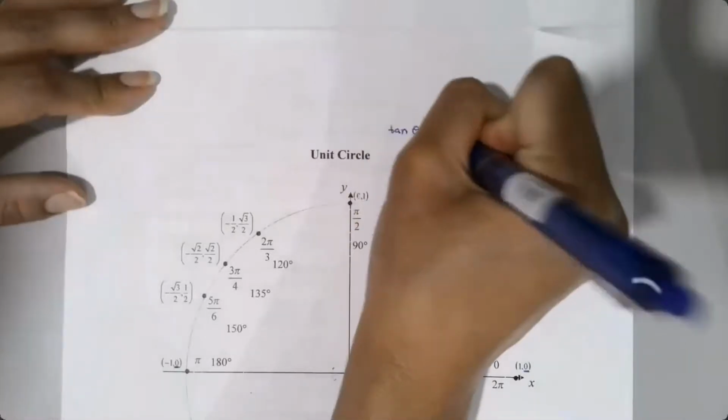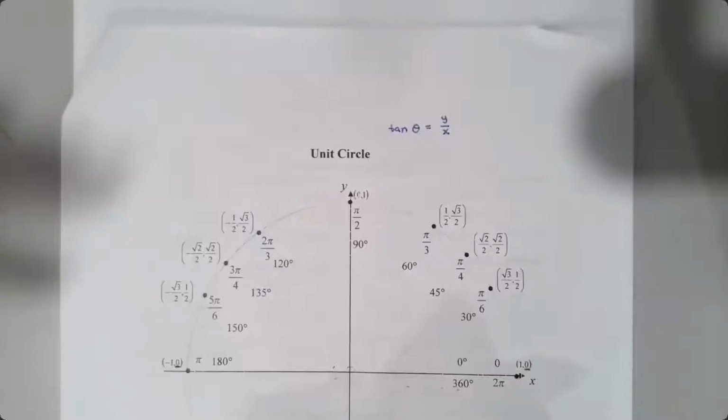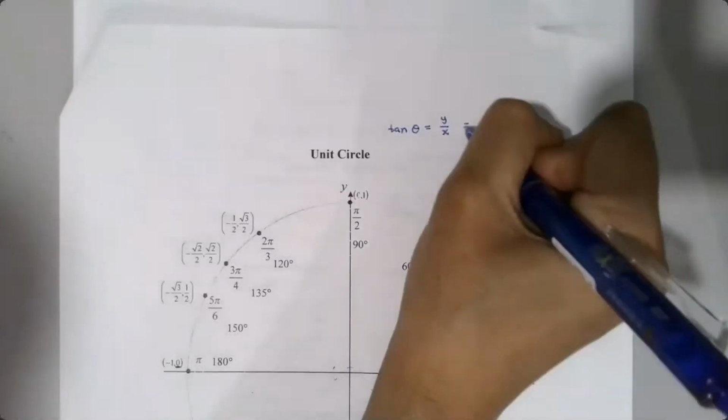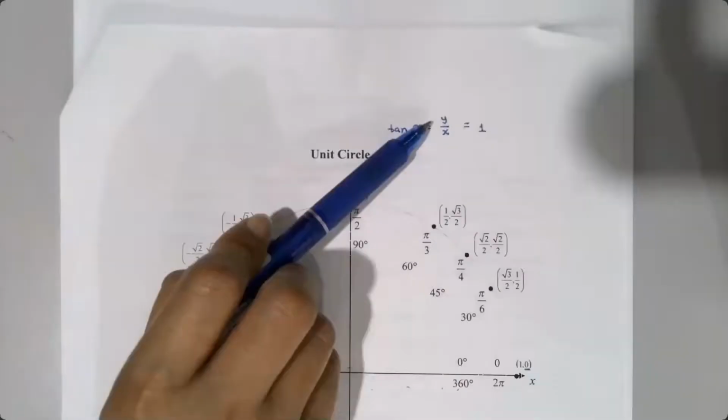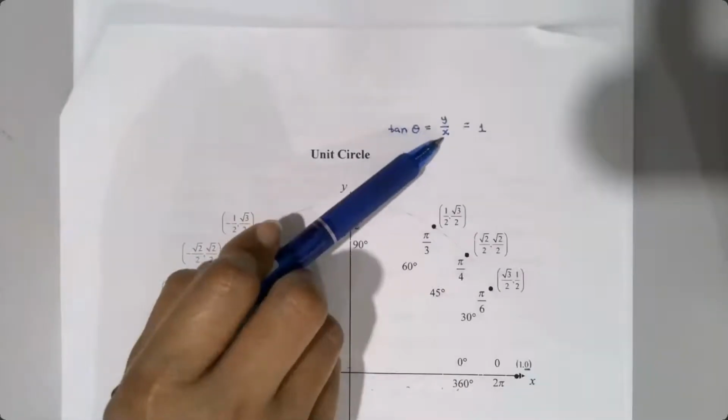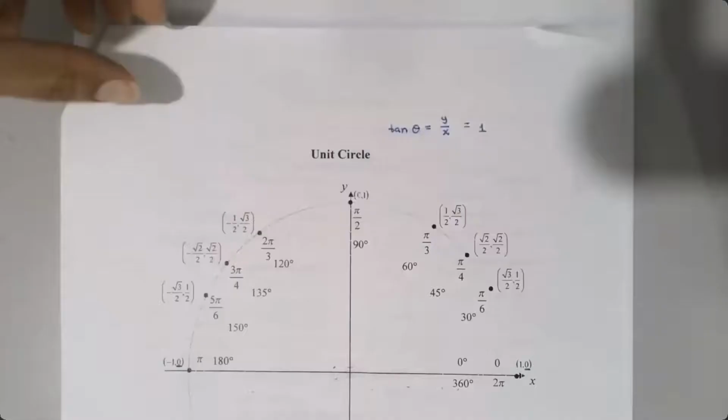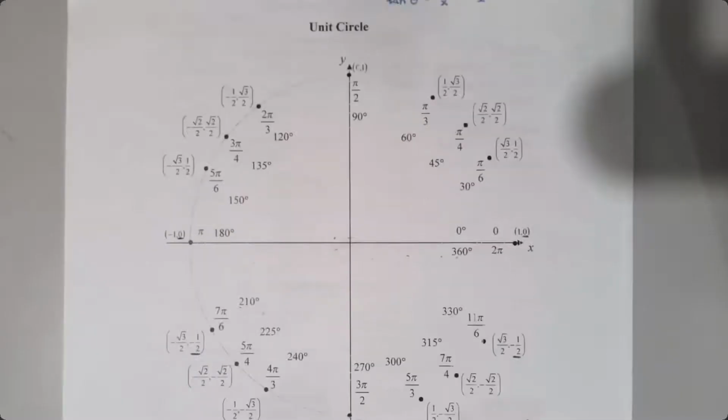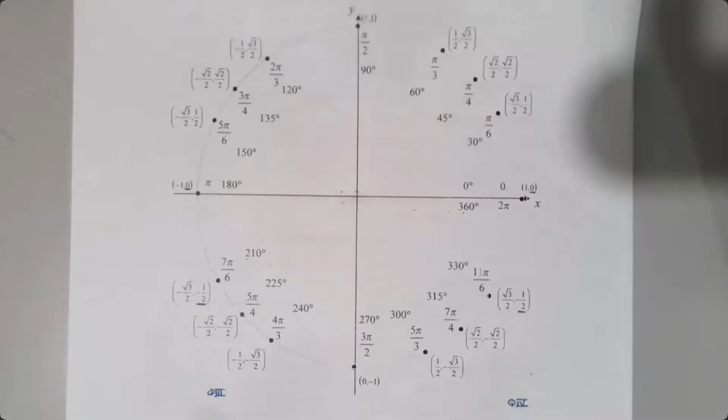And this is something that we saw in the first unit. It's always given as y over x. So if this is supposed to be equal to 1, that means that both the y and the x need to be exactly the same value. So what angles correspond to a y and x with exactly the same values?